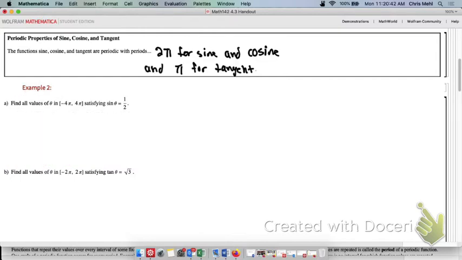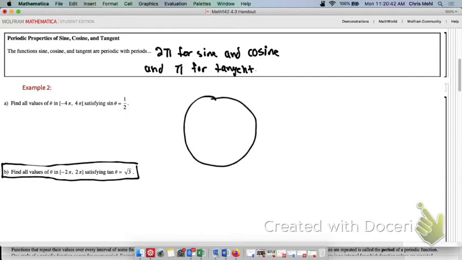Okay, part B. Let's find all the values between minus 2 pi and 2 pi satisfying tangent of theta equals square root of 3. Now, if I draw the unit circle, and I have to think for a second, I believe this time you're going to find all the angles between 0 and pi so that tangent of theta is square root of 3.